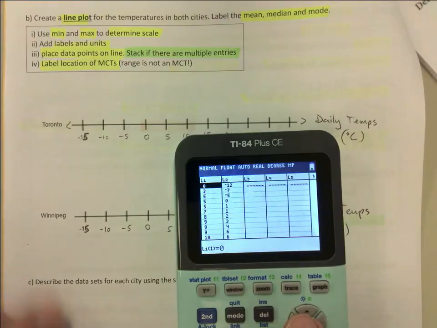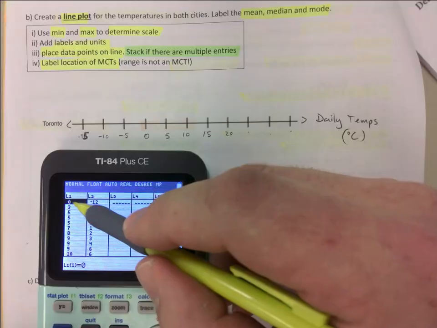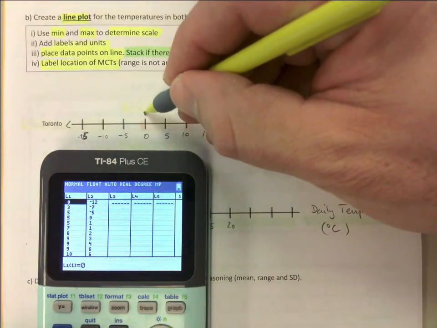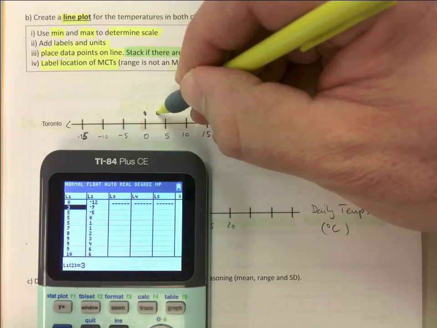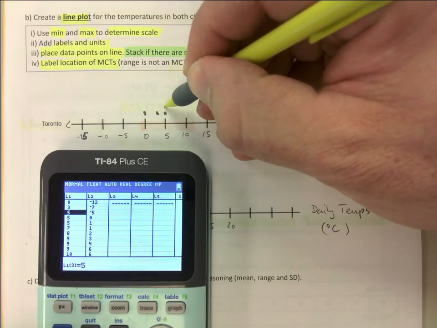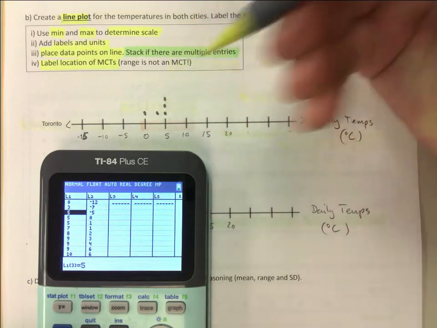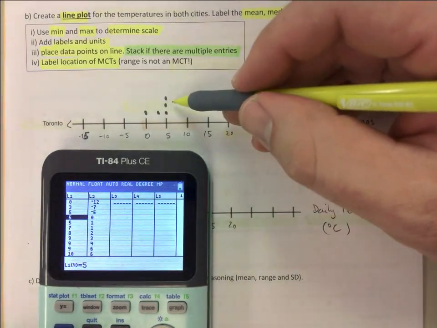So now literally you do what it tells you to do here, the data points. So let's do Toronto first. 0, you put a point right where 0 is. 3 is right about there. 5 is right there. And you have 3 5s. So in this case, you would stack it 3 high, like there's 3 stacked, right?